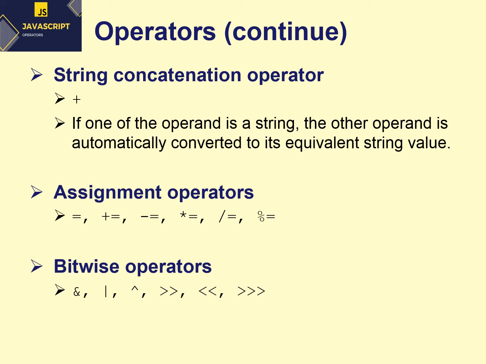If you are using bitwise operators, the AND operation, NOT operation, OR operation, or shift operations are all done bitwise. So if a number is there, that number will be converted to its bit format and then the corresponding operation will happen. That is bitwise operators.